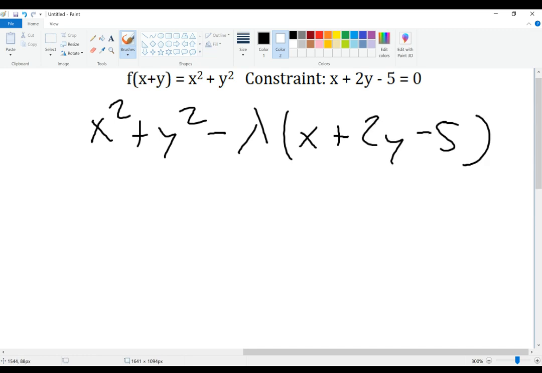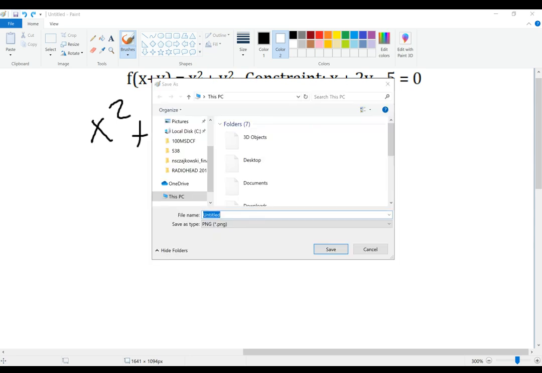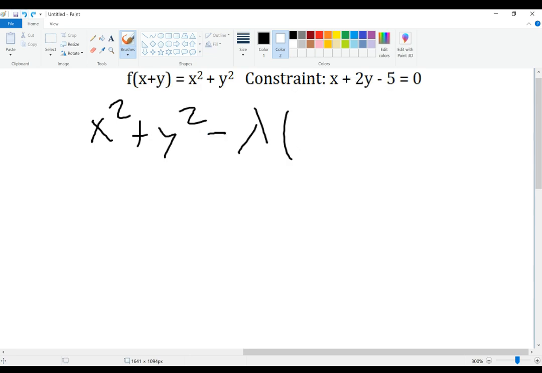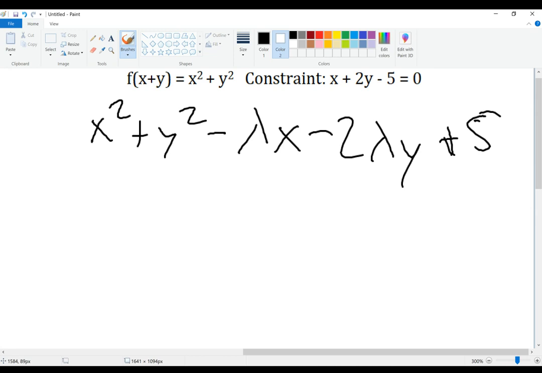So when you distribute that, we will get minus lambda x, minus 2 lambda y, and then plus 5 lambda. Be careful with your signs. So with this, we're going to take the partial derivatives of x, y, and lambda.